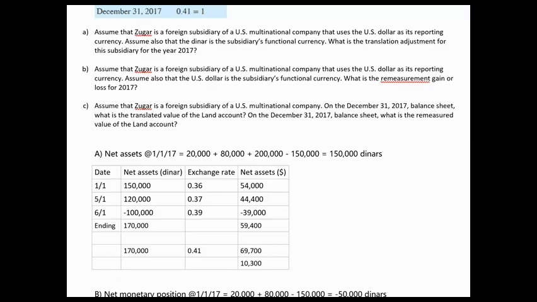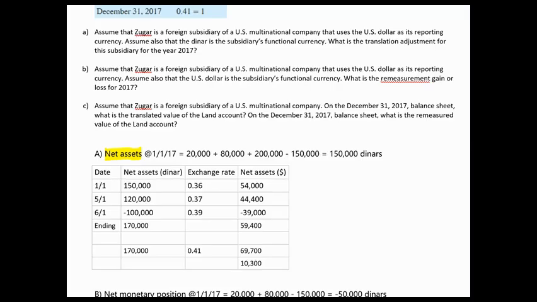And if we use the current rate method, the subsidiary company's net assets are exposed to the exchange rate risk. So here, net assets equal total assets minus total liabilities.